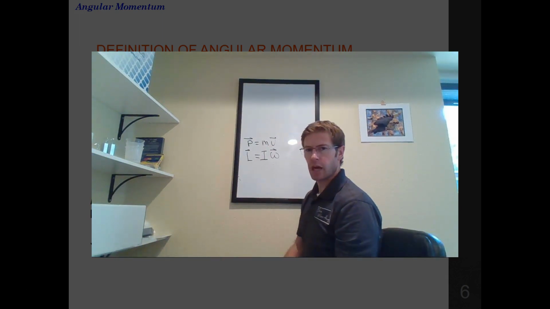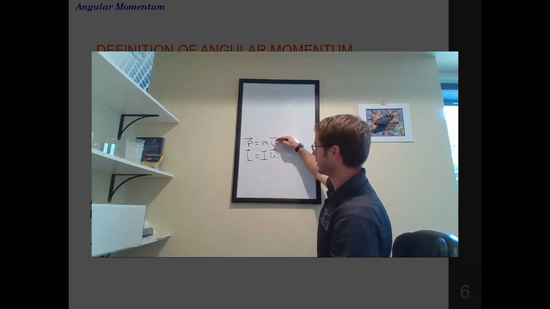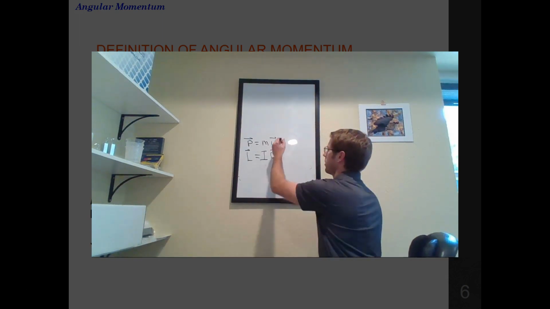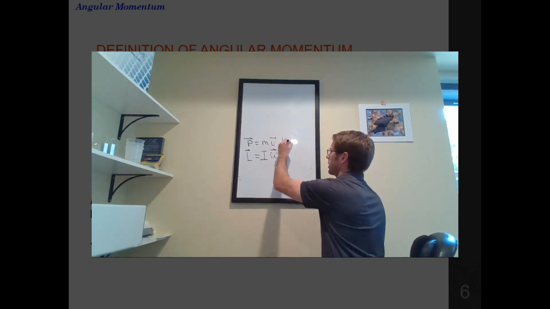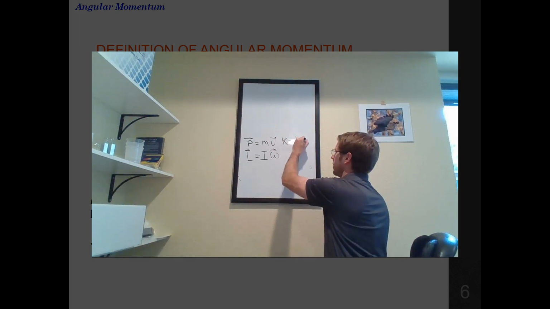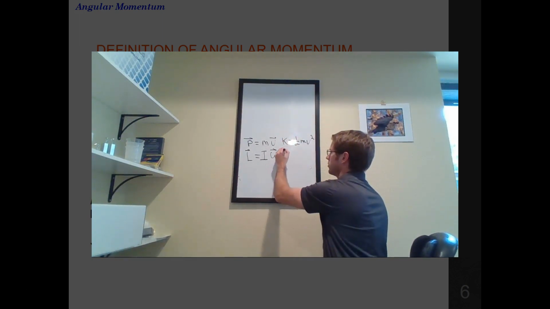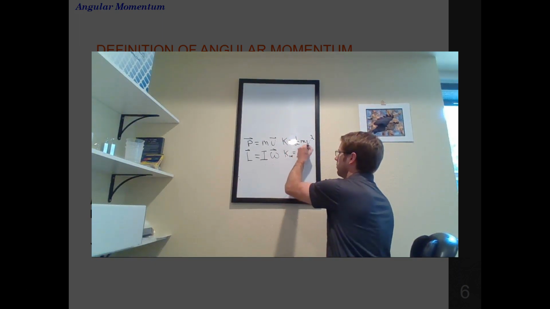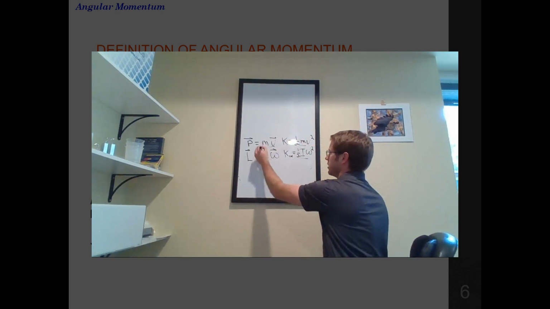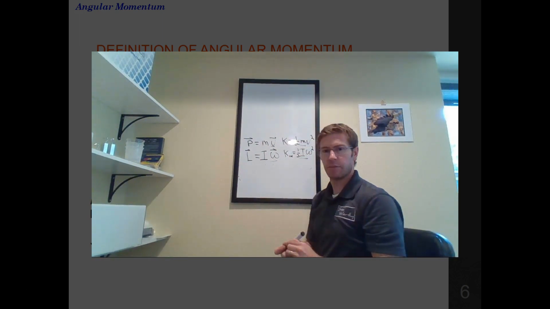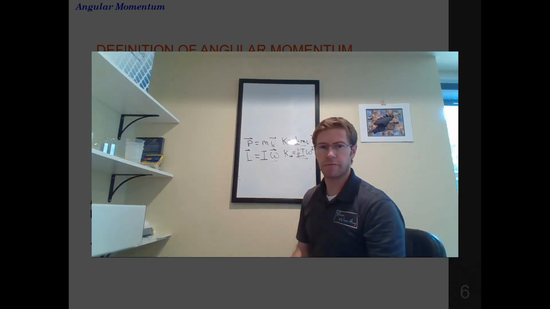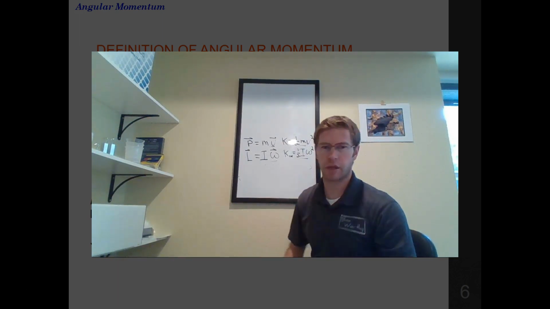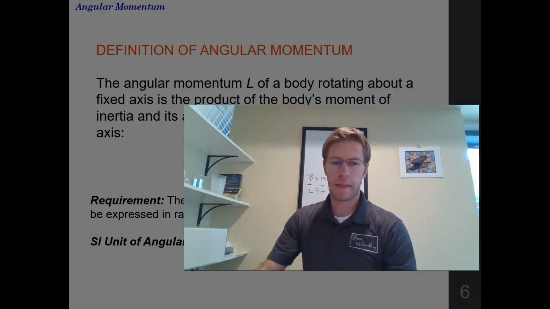So you see, time and time again, our equations for linear motion and rotational motion look very similar to one another, just swapping out the variables. If you don't remember, kinetic energy is 1/2 mv squared. Kinetic energy for rotation is 1/2 I omega squared. Just like we compared in the last video all of our rotational kinematic equations to our linear kinematic equations as well.